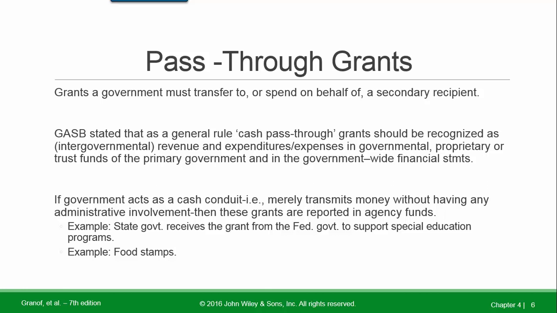If the government acts as a cash conduit, merely transmits money without having any administrative involvement, then these grants are reported in agency funds. And you can see that a big example of just a conduit, a pass-through, is food stamps.